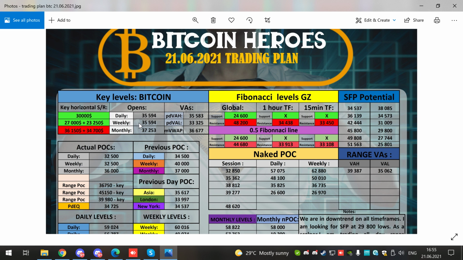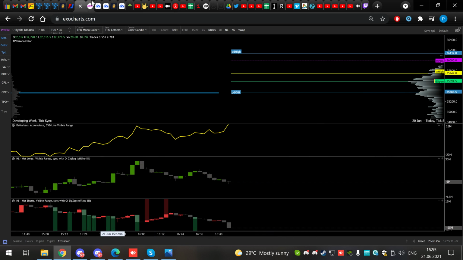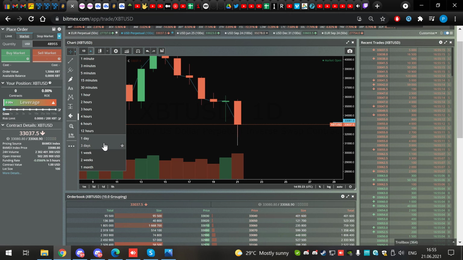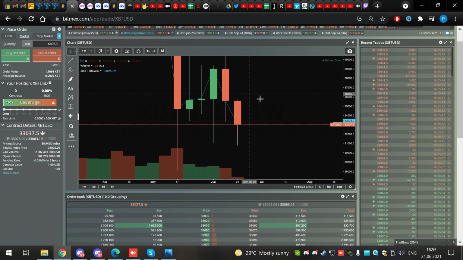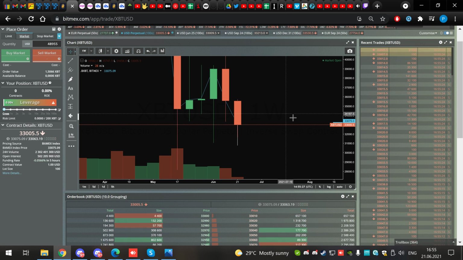Then you have the weekly open. It's an even more important level. Today is the same because we have the start of the week. But as the week progresses, the weekly open is very important because it dictates the whole week's candle, and you have even more eyes watching it.